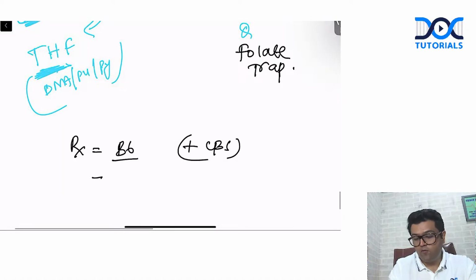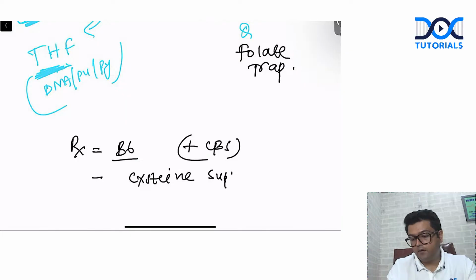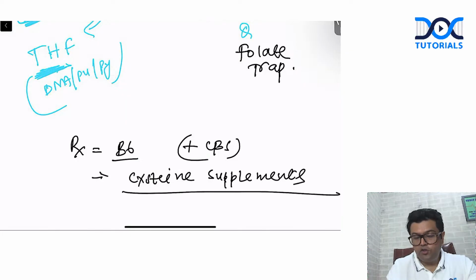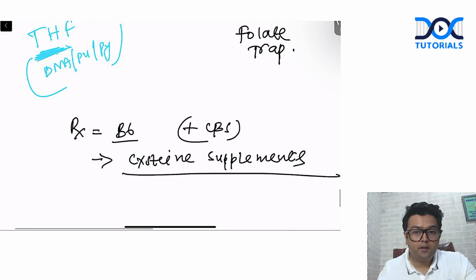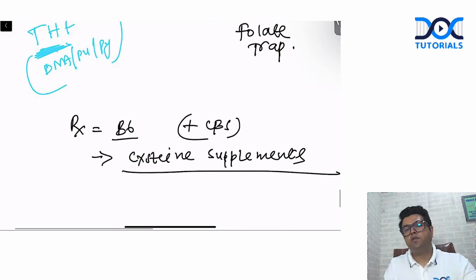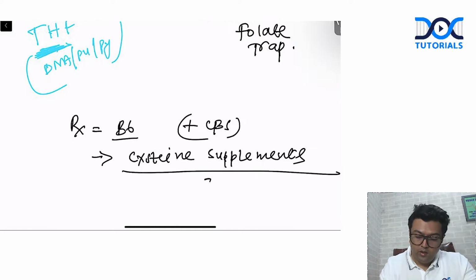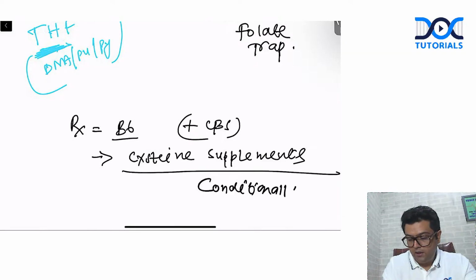But you will give one more thing, that is cysteine supplements, because now cysteine becomes an essential amino acid. What do you call such an amino acid which becomes essential in a disease? We call this conditionally essential amino acid.